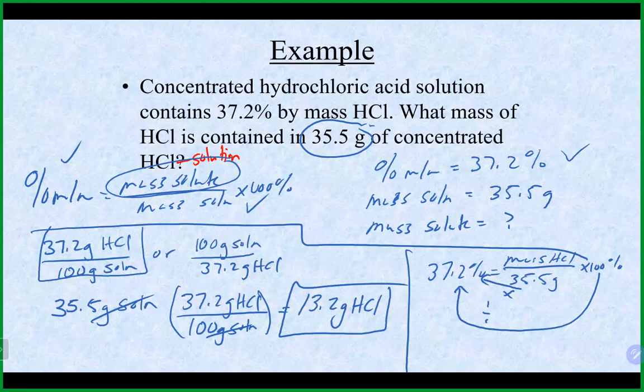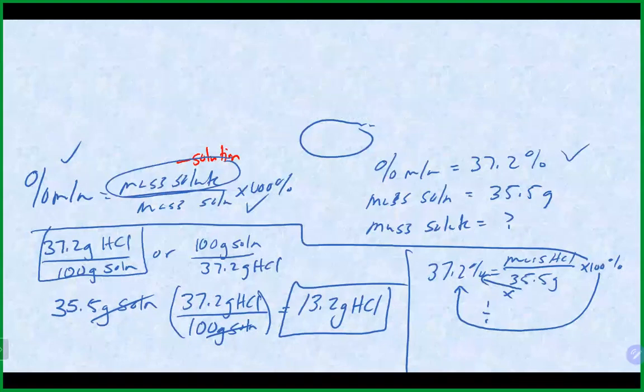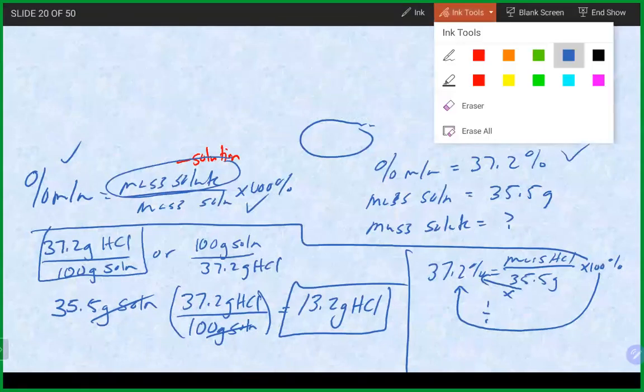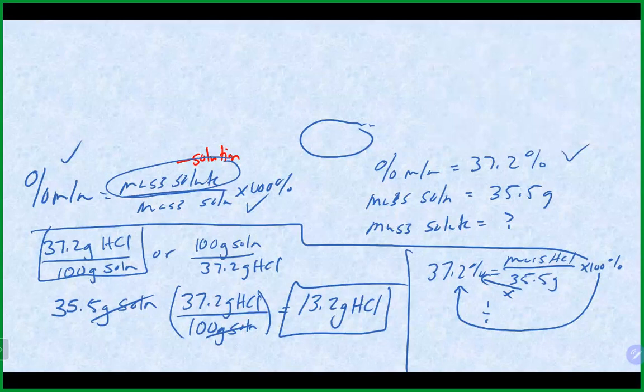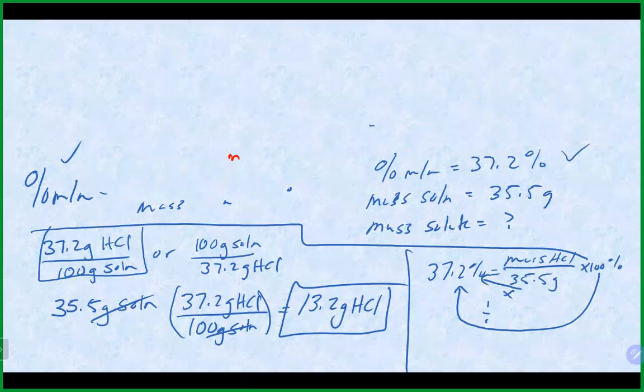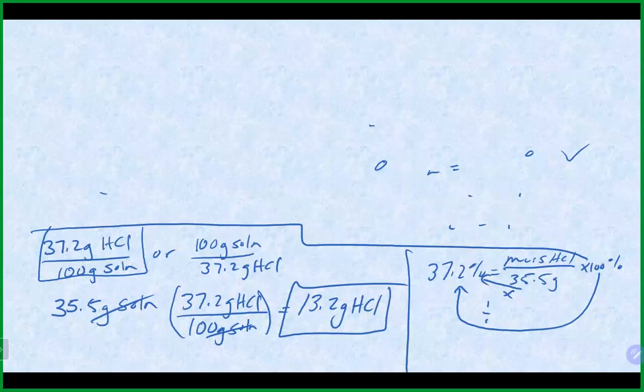So this is one type of percent concentration. There are actually a couple of other ones that you sometimes come across, so while we're here, let's talk about those as well. I think I'll just steal the top of this page here. All right, so there are two other ones we sometimes come across.